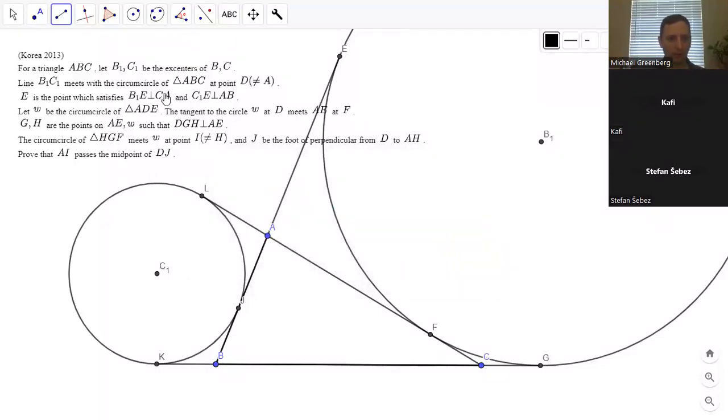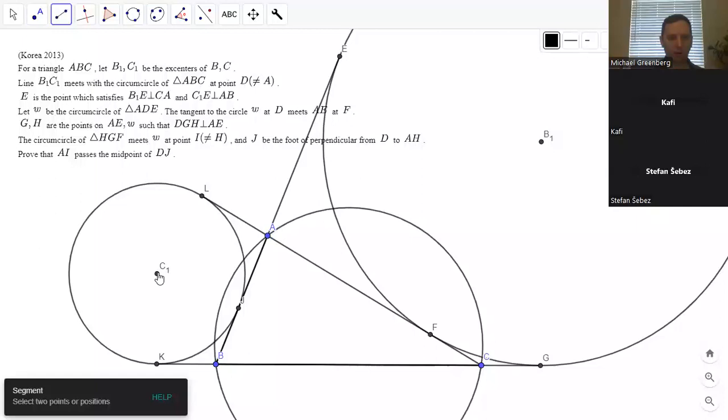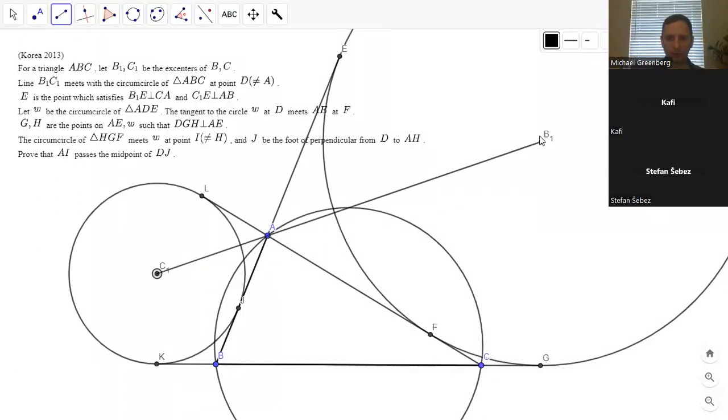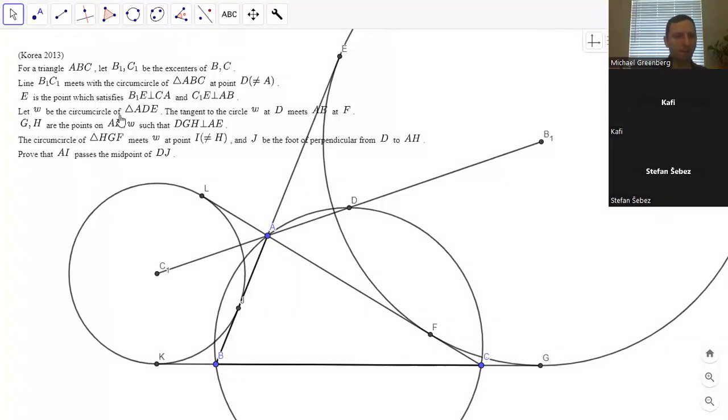And where does it meet the circumcircle ABC? It's going to meet it at the midpoint of arc BAC. What do they call it? They call it D. So D is the midpoint of arc BAC. Yeah, they do use the excenters later. Okay, so B1E is perpendicular to CA.